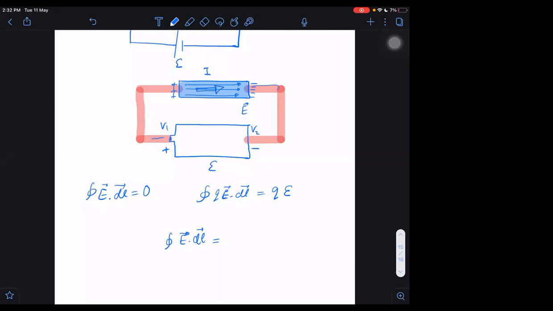We can say that when a charge is brought from the negative terminal to the positive terminal, there is work being done by the battery that is equal to QE. To do this work, internal energy, chemical energy, will be lost. That makes it able to do work so that the charge can go from negative to positive.